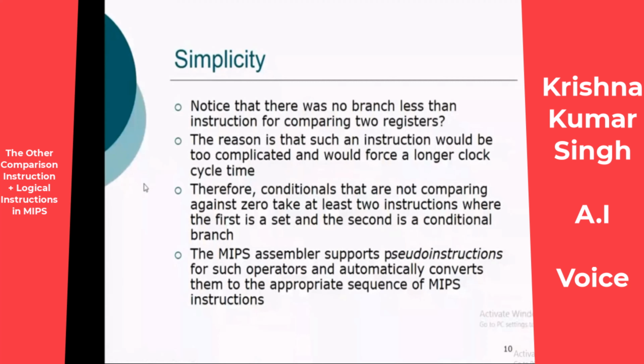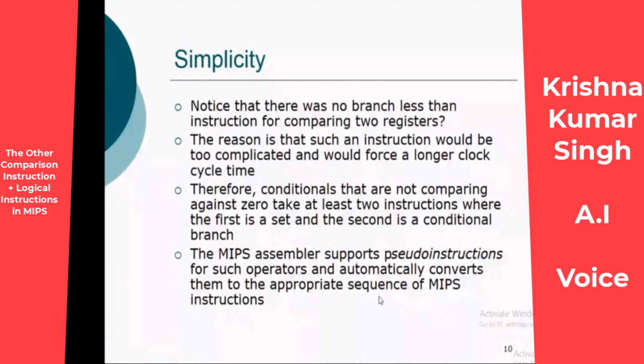One of the reasons is that such an instruction would be too complicated and would force a longer cycle time. Therefore, conditionals that are not comparing against 0 take at least two instructions, where the first is a set and the second one is a conditional branch.